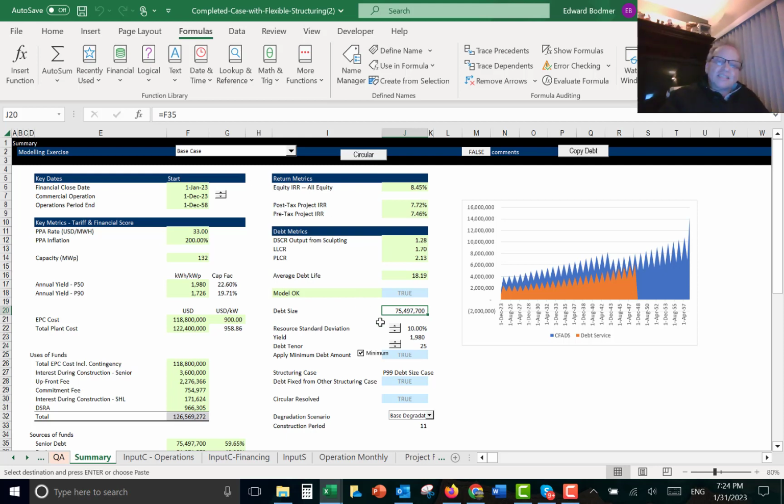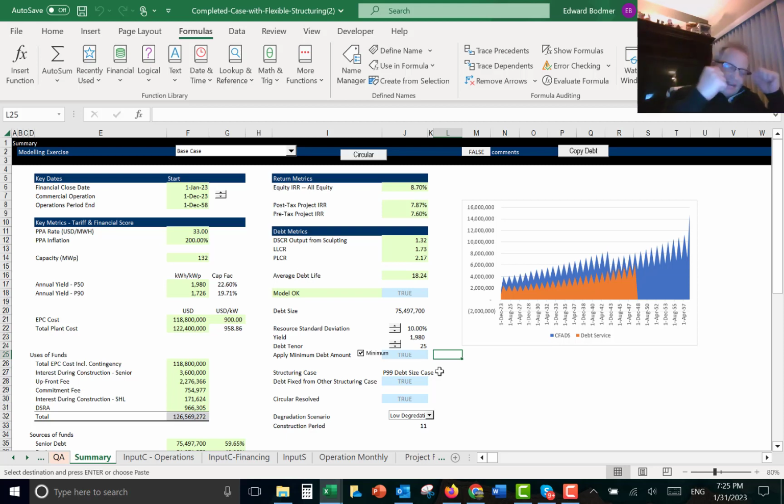And we're using this amount of debt. We're using the fixed amount of debt, and then we can say, what happens if we have a low degradation in this case? What happens if, this wouldn't matter, but I could change a whole bunch of things, the O&M cost, or I should have put a little button on the yield, and that's where we're going.